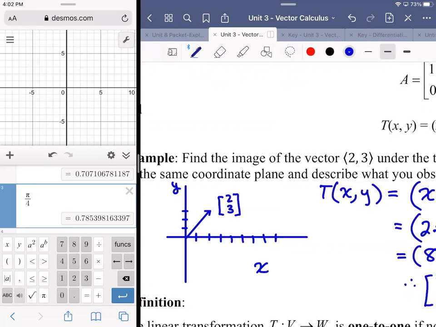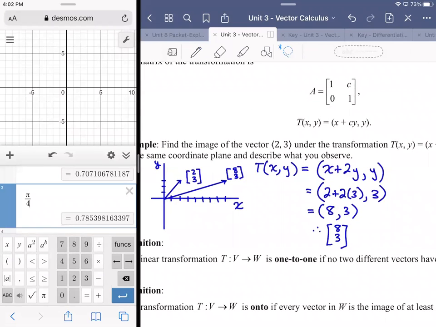So we get a new point here corresponding with our new vector, which would be (8, 3). All right, so it's a stretch in one direction as opposed to the other.